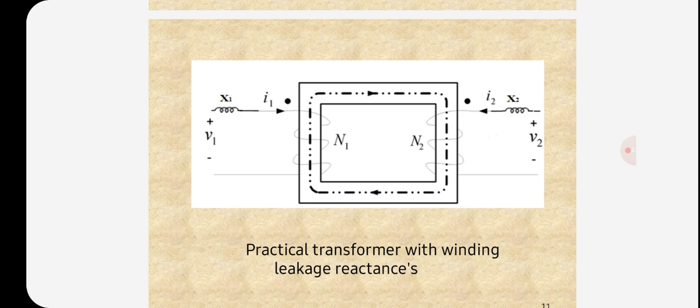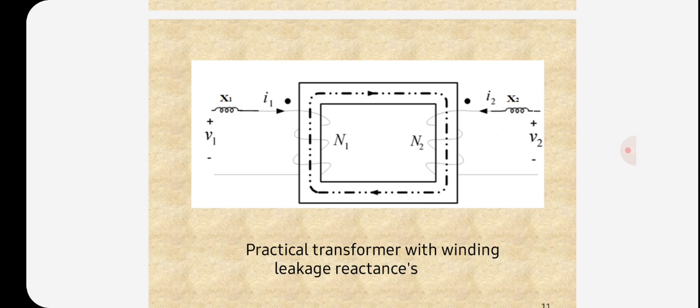So in this figure, the transformer with the leakage reactance in primary and secondary winding respectively, similar to that of the resistance, the leakage reactance of one winding can be transferred to the other winding by using the factor K squared. K is called the transformation ratio, and this means that both the reactances can be transferred to either primary or secondary, which helps in finding equivalent reactance on either side.